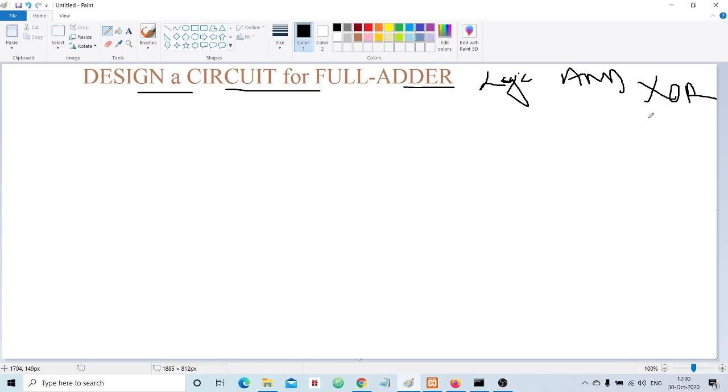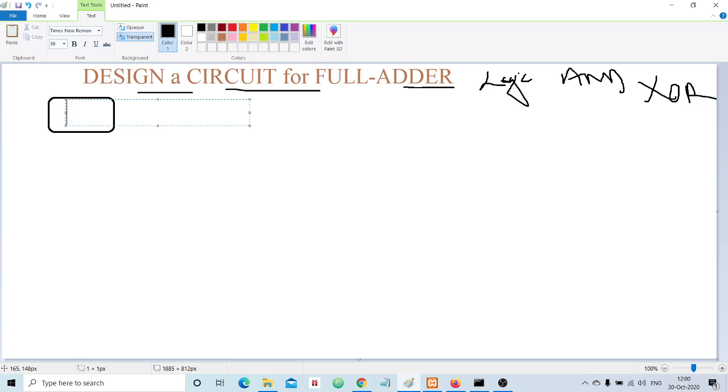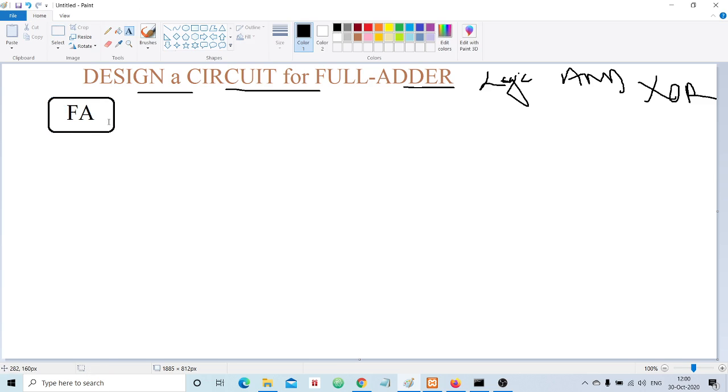So the first step in designing a circuit for full adder, or any other circuit for that matter, is to understand the concept at a high level. Let us assume that a full adder is basically a circuit or electronic device which will take three inputs, and it will produce two outputs.